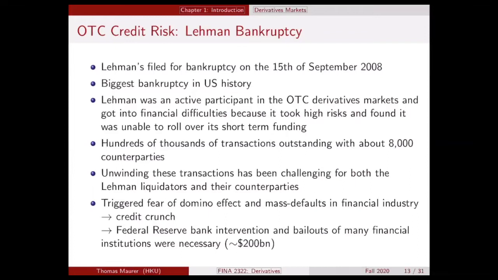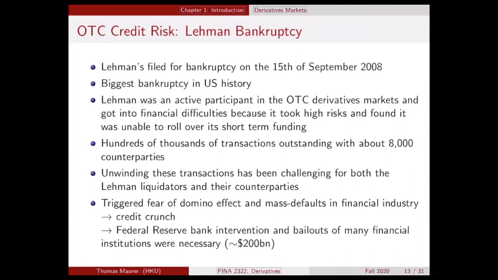The second problem with the bankruptcy of Lehman Brothers is also that once Lehman Brothers went into default, all their assets had to be liquidated. That means there was a huge fire sale going on, which caused a lot of downward pressure on asset prices, which of course also meant that other financial institutions' balance sheets were going to look much weaker since a lot of asset prices were going to decrease.